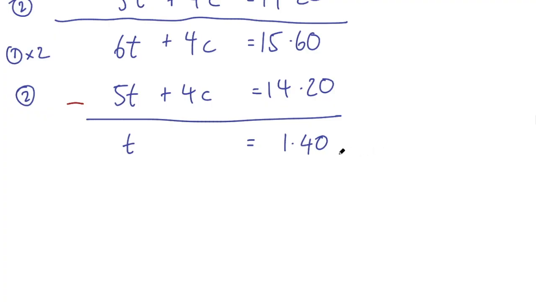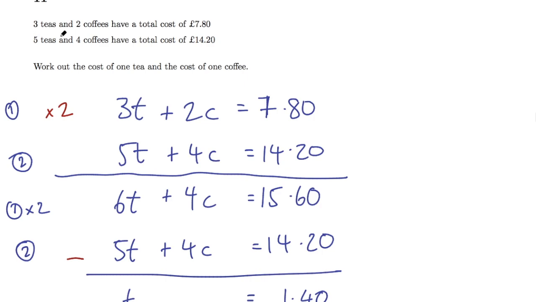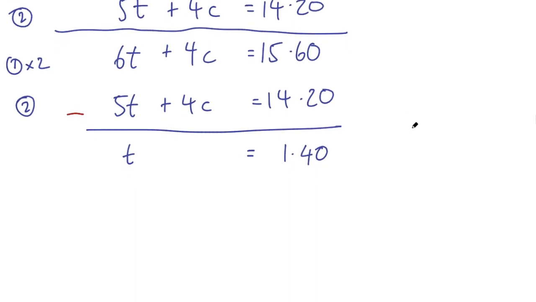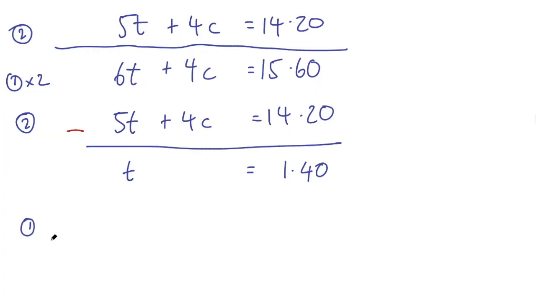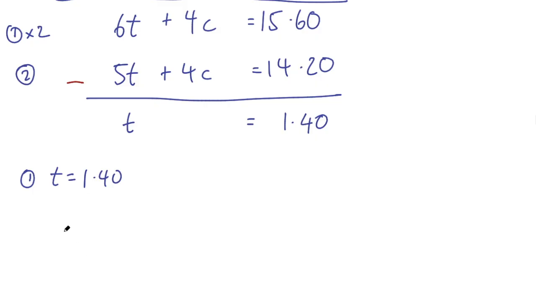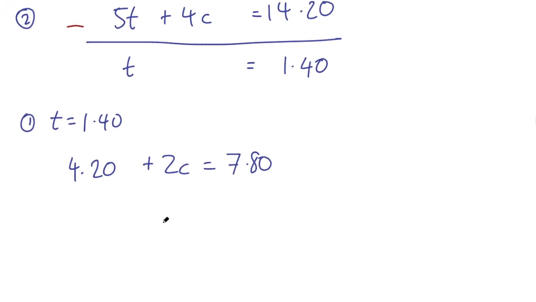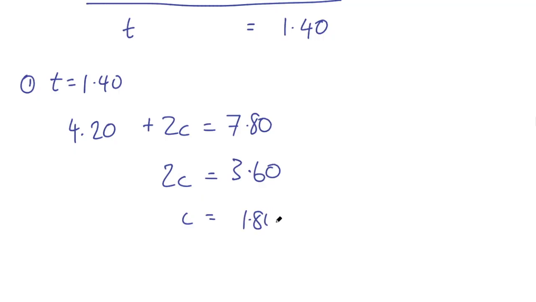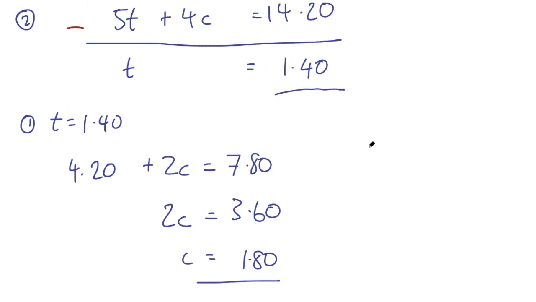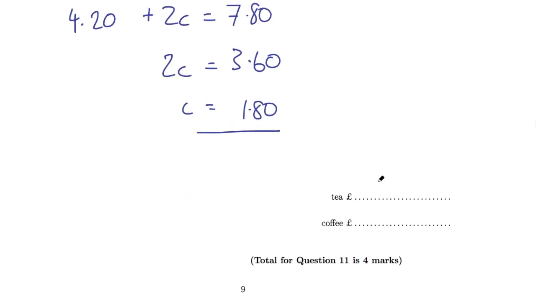And then if we substitute that back into one of these equations, let's say equation 1, t equals 140, we get 420 plus 2c equals 780, and then minus that 420 from the other side, be 360, and then c equals 180, so c stands for coffee there. Okay, so tea is £140 and coffee is £180.